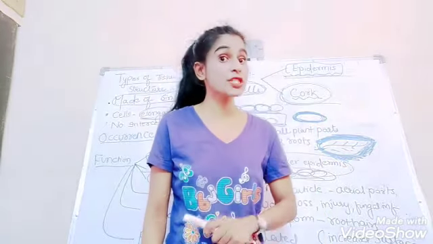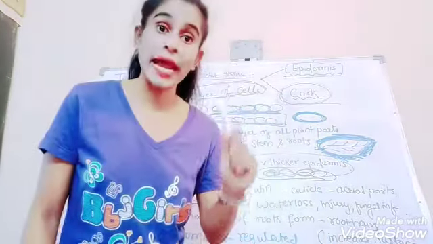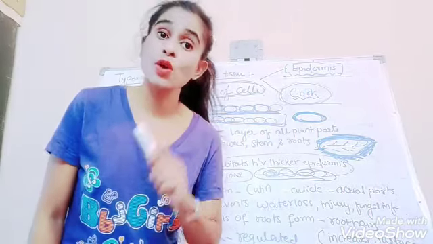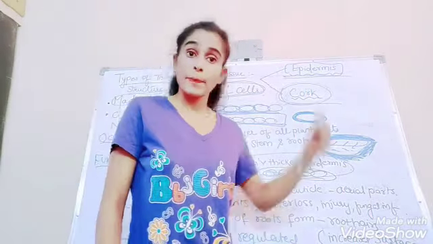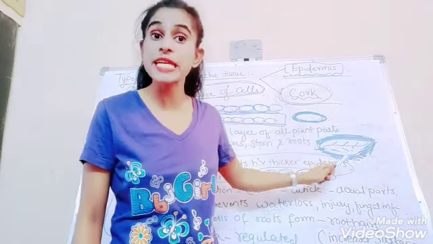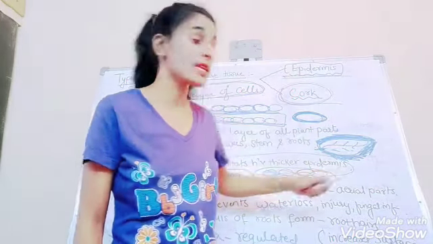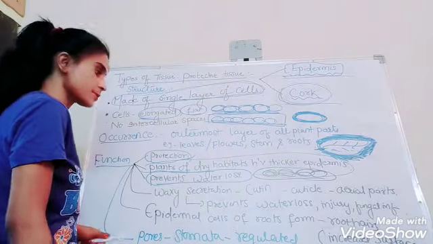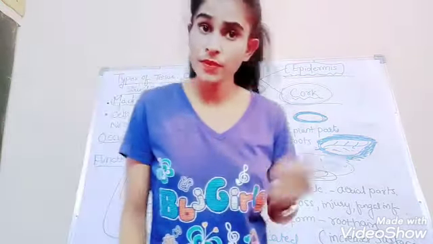And this cuticle also helps in preventing the loss of water. The epidermis also helps in preventing the loss of water, and this cuticle also prevents the loss of water. Yes or no? Understood now?